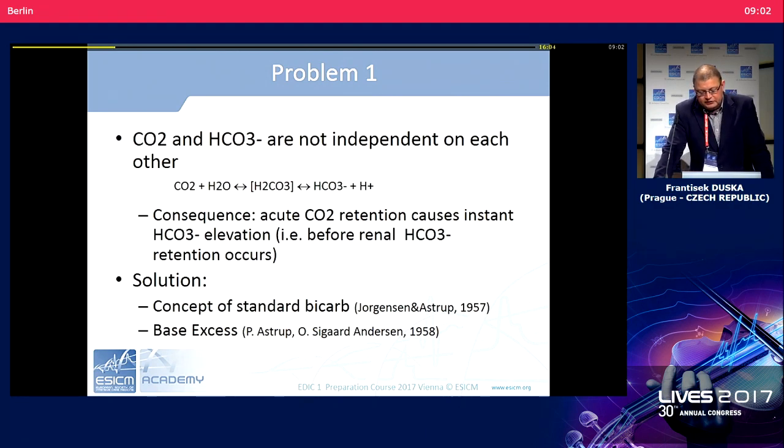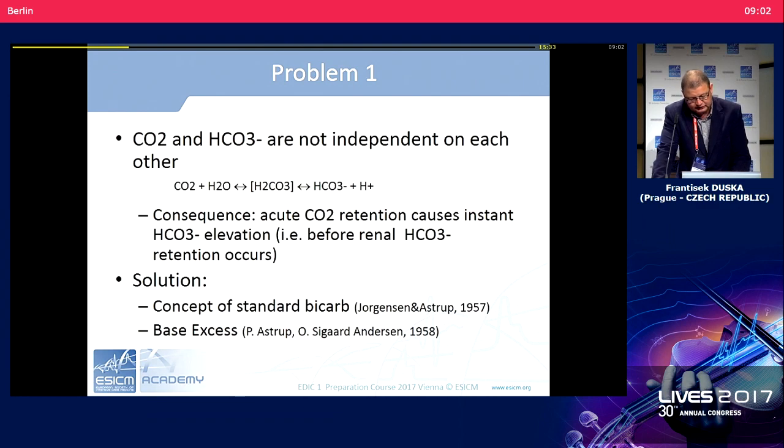So CO2 and bicarbonate are not independent of each other, and they had to introduce the concept of standard bicarbonate or base excess. These values tell you the metabolic component cleared of any influence of CO2 deviation. Standard bicarbonate tells you what the bicarbonate would be if the PCO2 of the patient were in the middle of the normal range, 5.33.